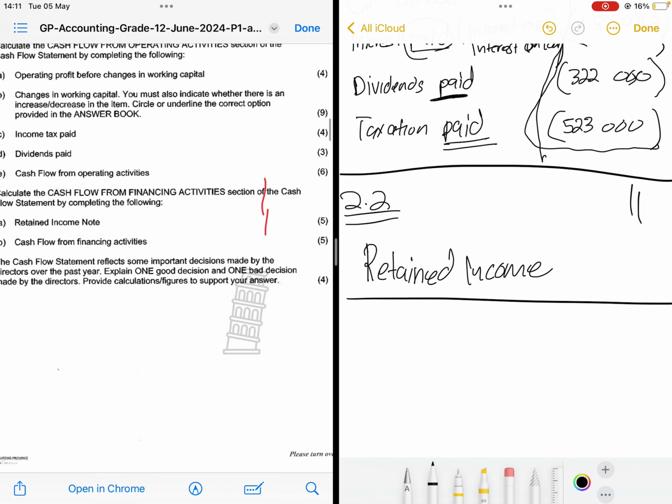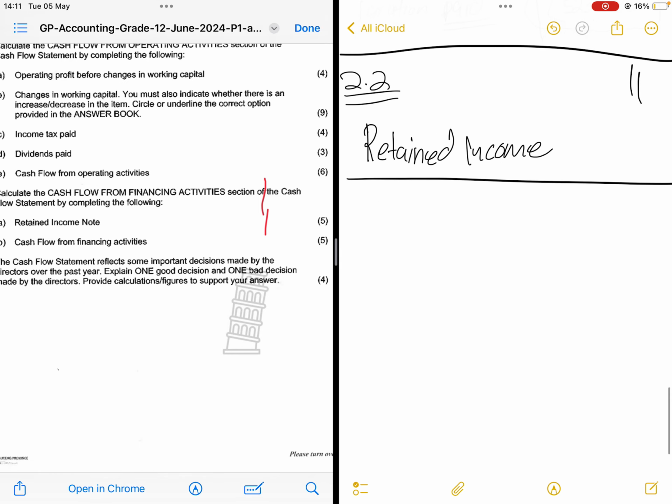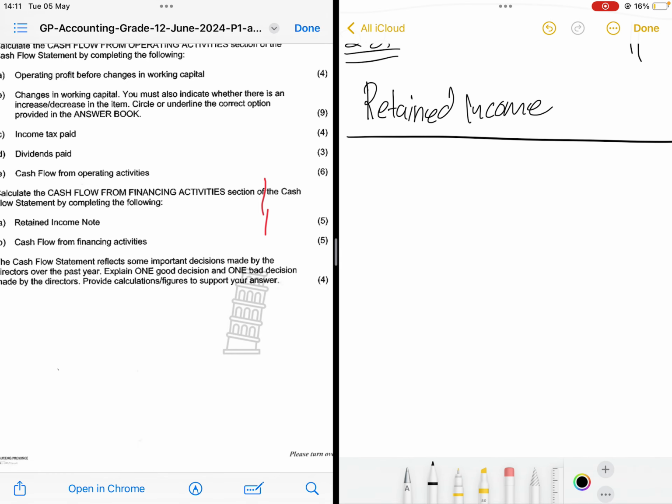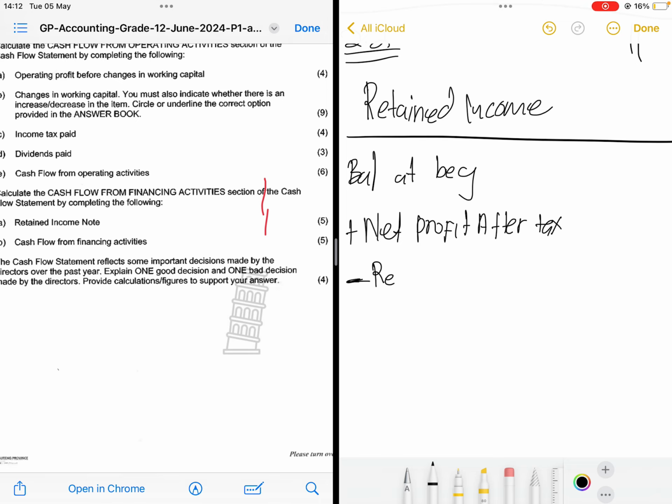So all the time, this one, you start with the balance, right? You want to start with the balance at inception, at the beginning. You add the net profit after taxation, after tax. Therefore, you subtract the repurchases. Then you subtract the dividends, the dividends on ordinary shares.